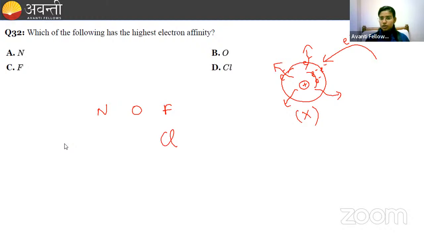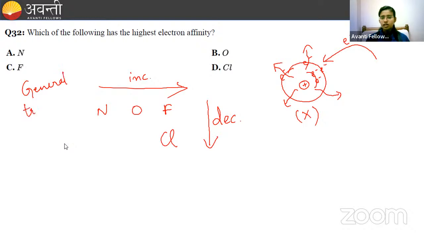Across the period from left to right, electron affinity increases, and on moving down the group, electron affinity decreases. This is the general trend for electron affinity. But we do have some exceptional cases.